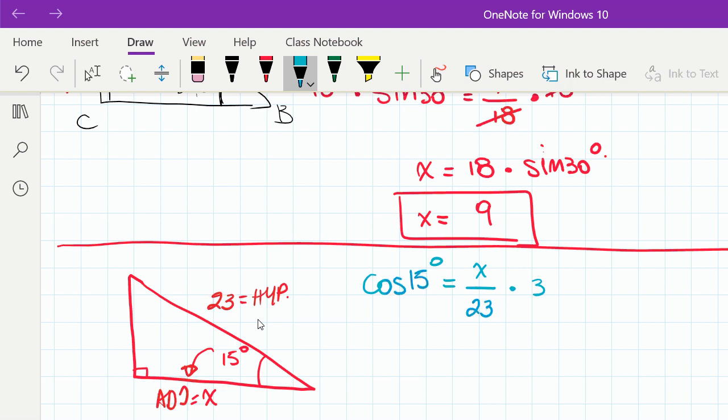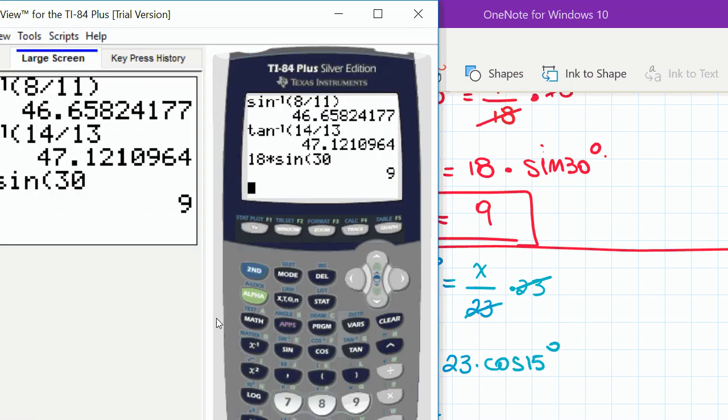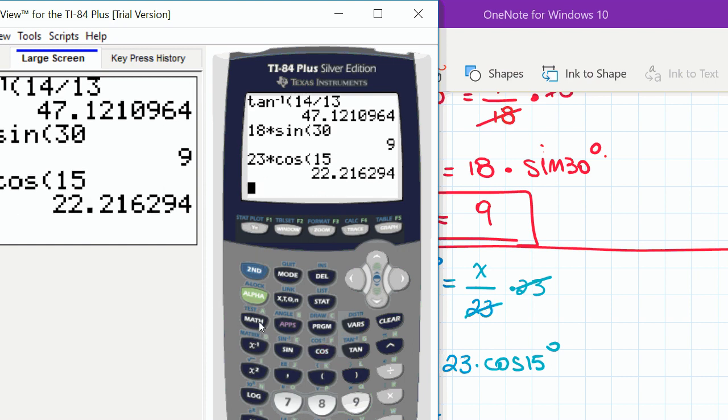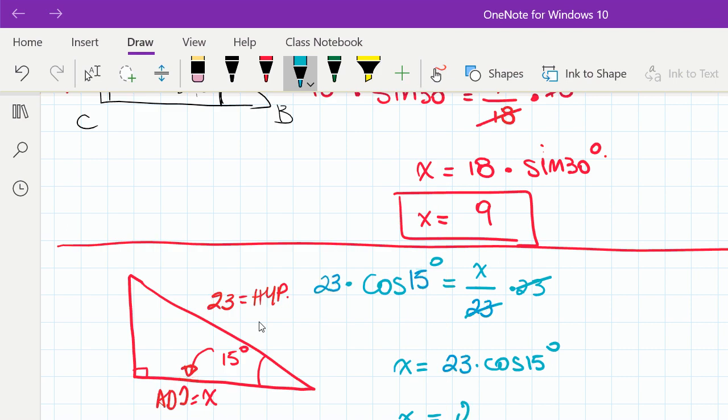And again, by solving it, we will have to multiply both sides by 23. So x will be 23 times cosine 15 degrees. When you enter it into your calculator, 23 times cosine 15 is equal to 22.2.